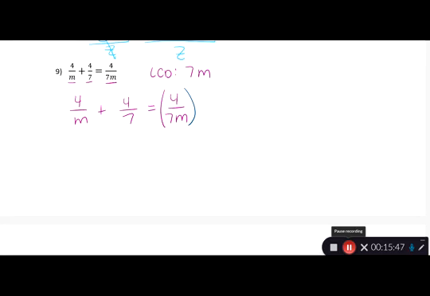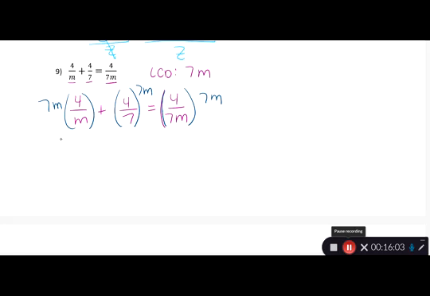So I'm going to multiply this one by 7m, and this one by 7m, and this one by 7m, okay? And what you can do, you can multiply it. Hopefully after you get more comfortable with this concept, it will be a little easier.